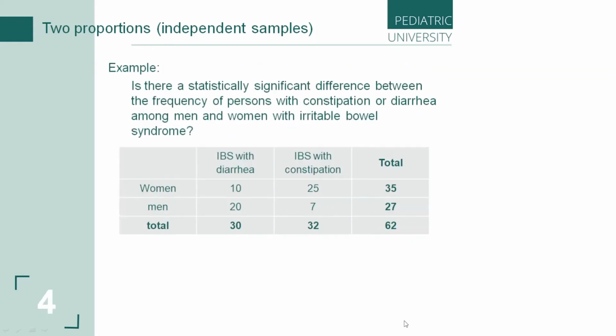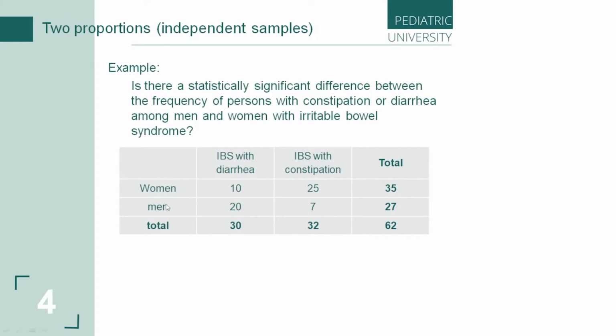In our example, we need to know if there are statistically significant differences between the frequency of individuals with constipation or diarrhea among men and women with irritable bowel syndrome. According to our data, out of 35 women, 10 have diarrhea and 25 have constipation.